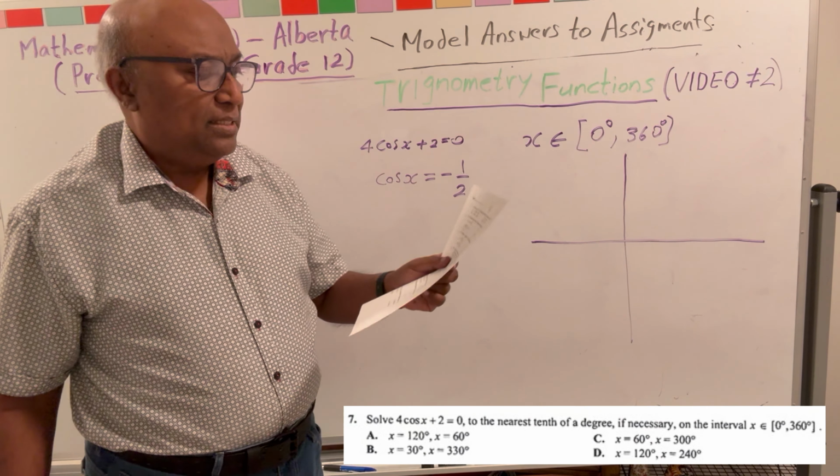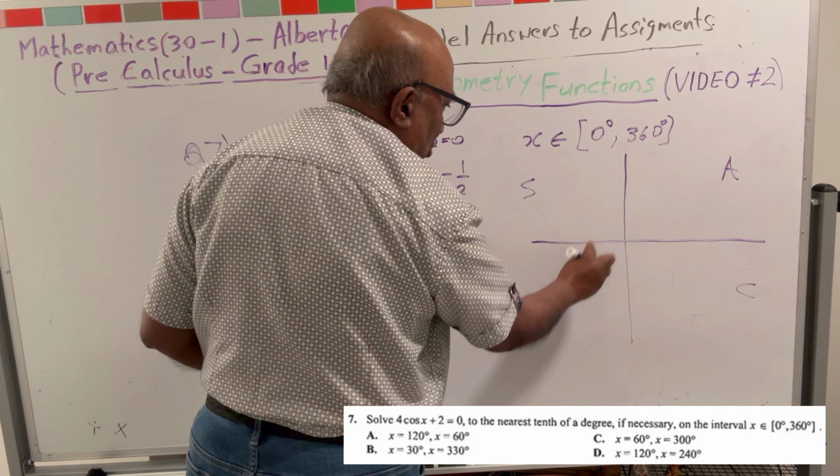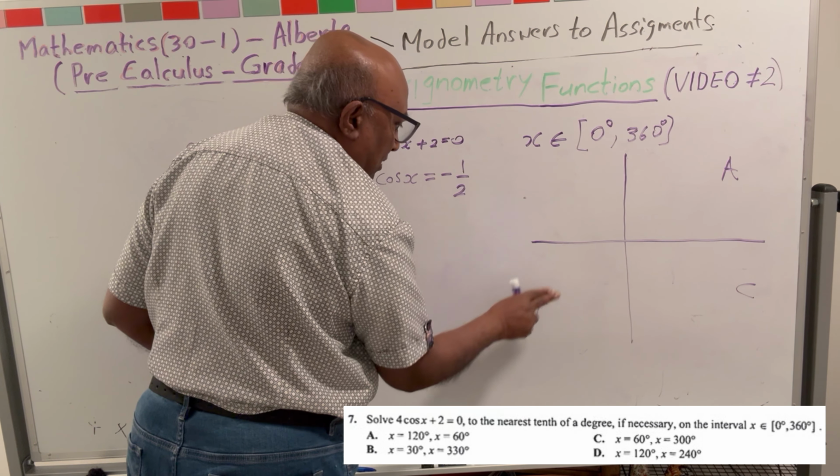In the first quadrant, all are positive; only sine is positive, only tan is positive, only cosine is positive. In this equation, cosine x is negative, which means the terminal arm is in these two quadrants. Okay, now I erase this quadrant.